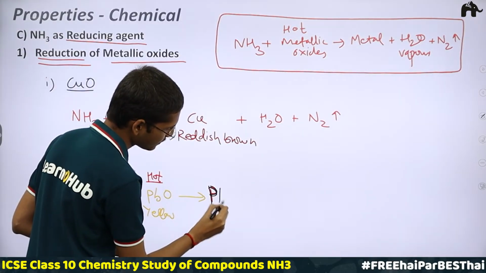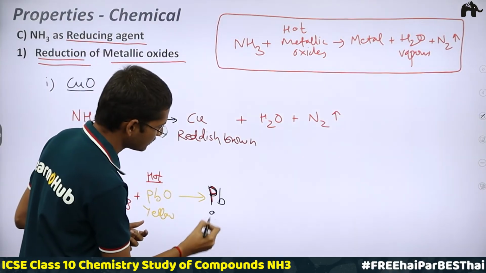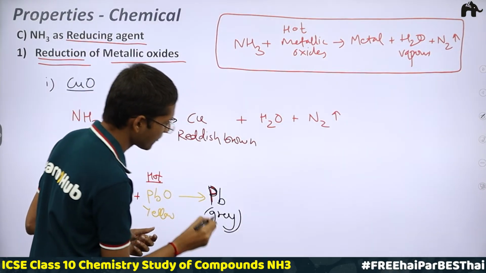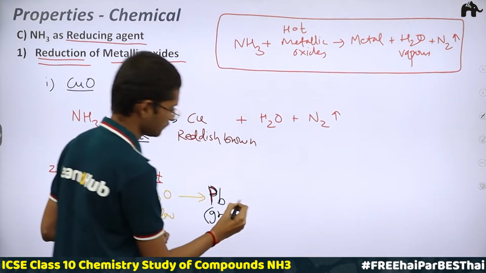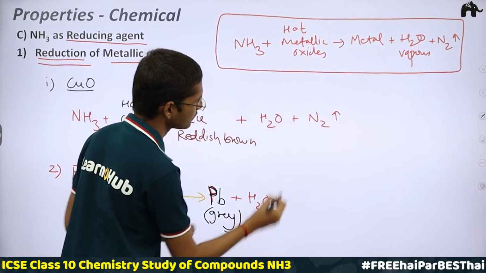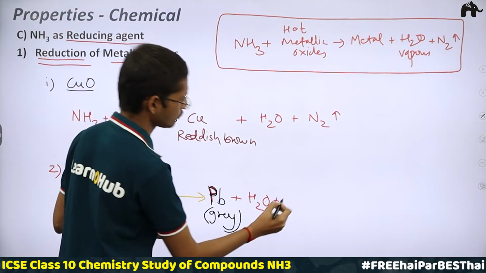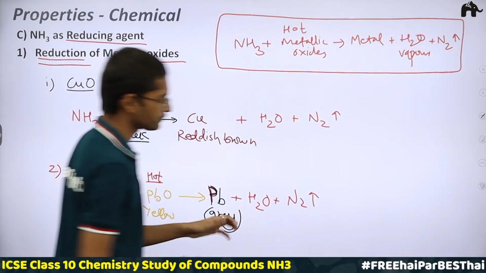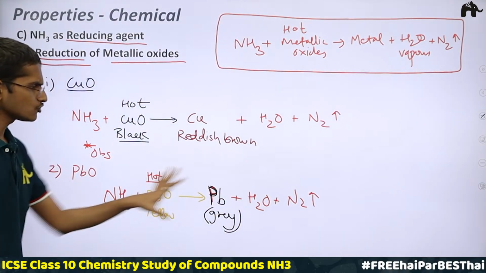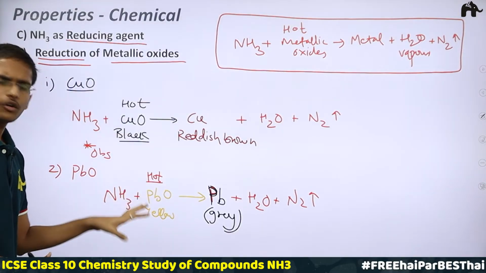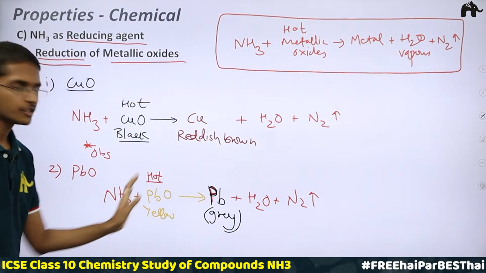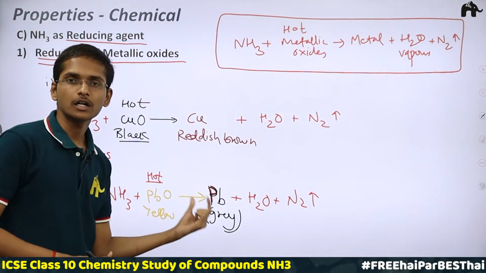I am writing it in black because I don't have gray color, but this lead is gray in color, metallic lead, and the rest we know that it is water and nitrogen. So this would be the reaction. Here the observation would be the yellow lead monoxide is turned into a grayish colored substance.